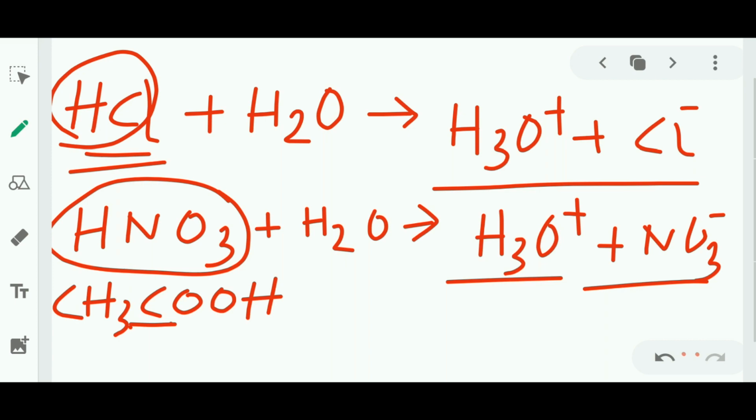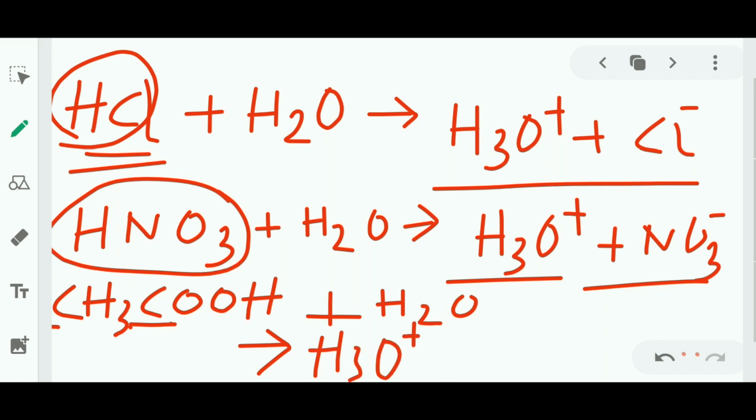One is H3O plus ion, another ion it forms is CH3COO minus. So whenever any kind of acid is mixed into water, in aqueous solution the acid dissociates to form H3O plus ion. So these are the common ions they form.